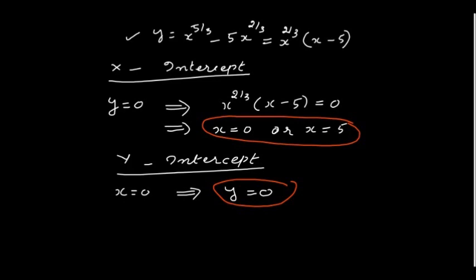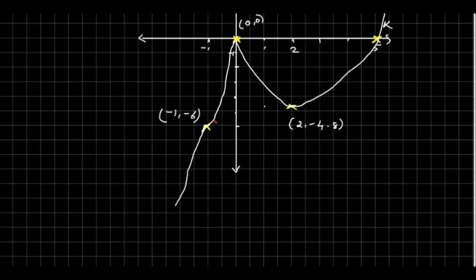The curve is y equals x raised to 5 by 3 minus 5x raised to 2 by 3. So remember all these things, and you have to mark the points properly. This is one point I have marked, and this is another point, and this is the third point, and this is the fourth point I have.